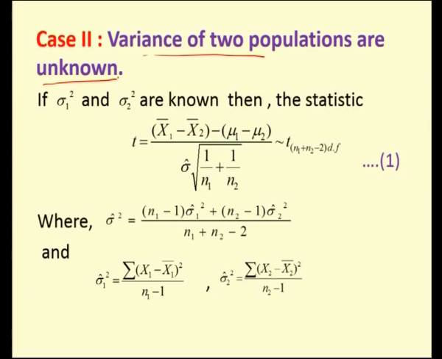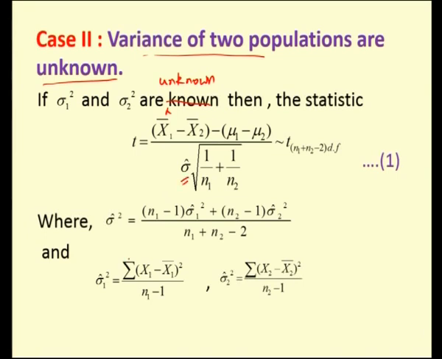So here, the statistic, if sigma 1 and sigma 2 are not known, becomes t is equal to x1 bar minus x2 bar minus of mu1 minus mu2 divided by sigma cap into square root of 1 by n1 plus 1 by n2, which follows t with n1 plus n2 minus 2 degrees of freedom.